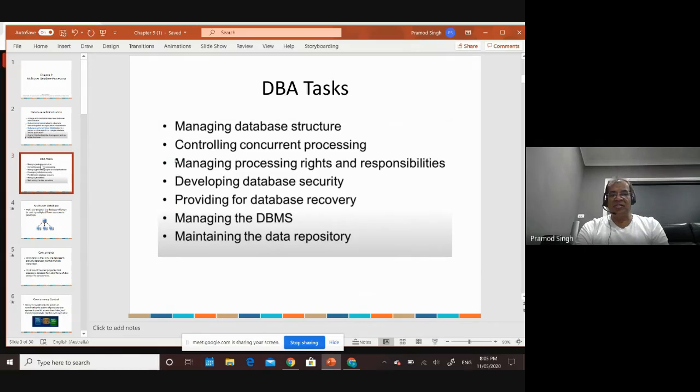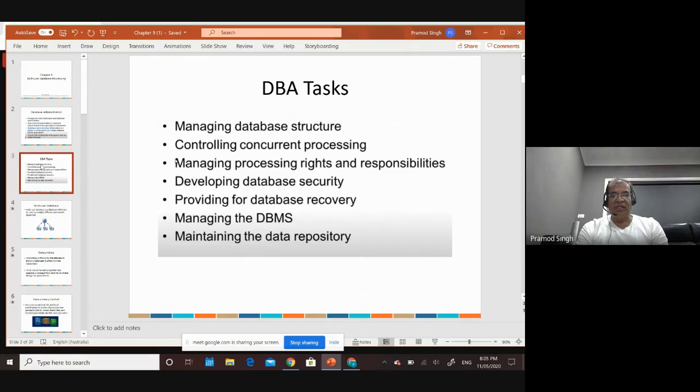Managing roles and responsibilities of the users of the database is taken care of by the DBA: who can access what kind of access, up to what level, and whether the person can modify or change database content or not.